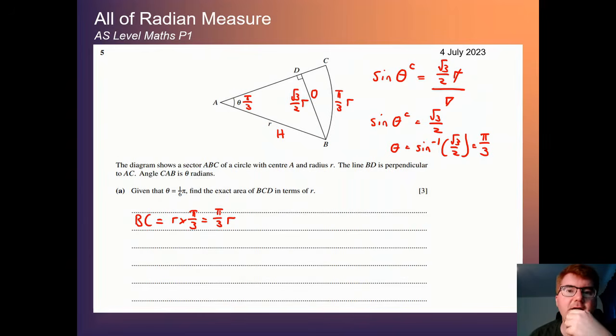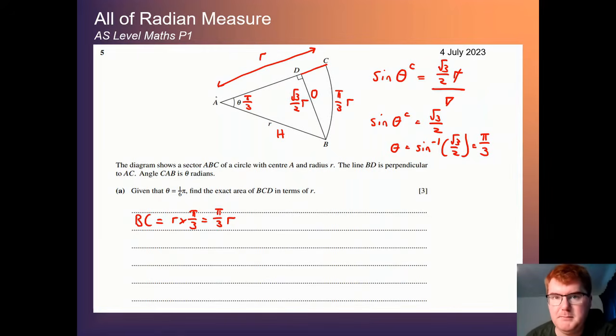The slightly trickier part here is working out the DC. Well, notice going all the way across this part here, that's going to be equal to the radius, because AC is part of the sector, the radius of the sector. So to work out AD, again, we can use a little bit of trigonometry here. So cosine pi over 3 is equal to AD, all divided by r.